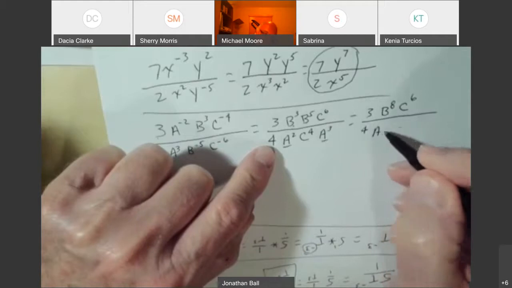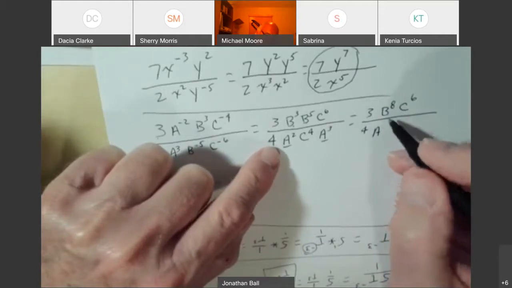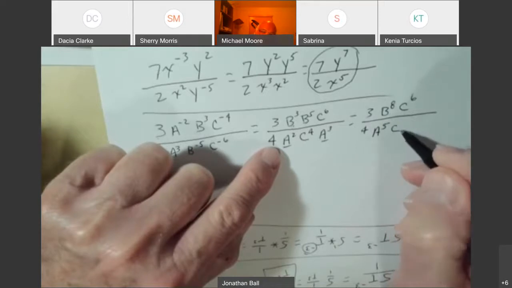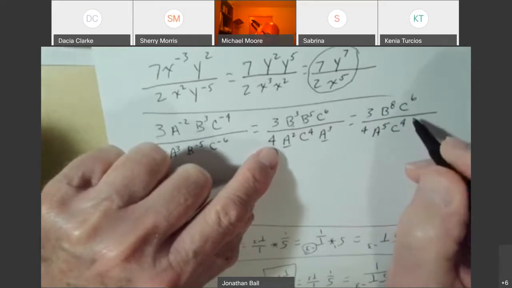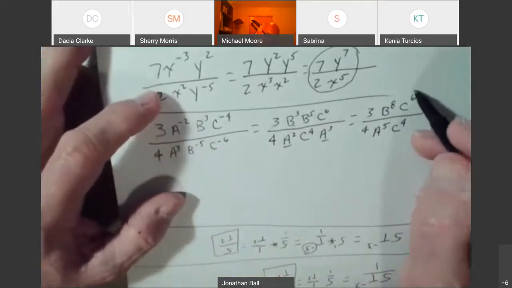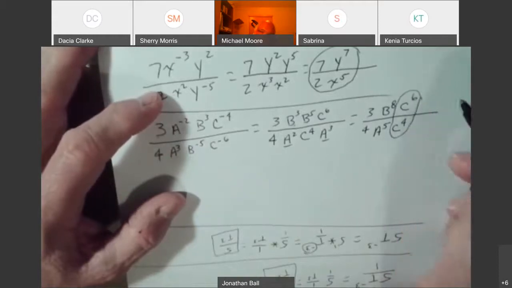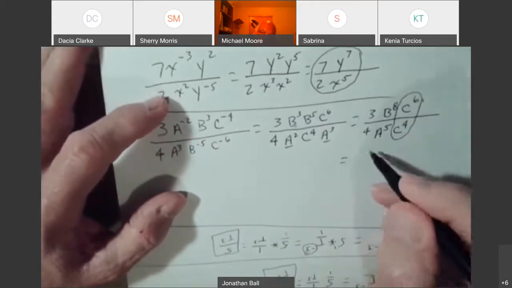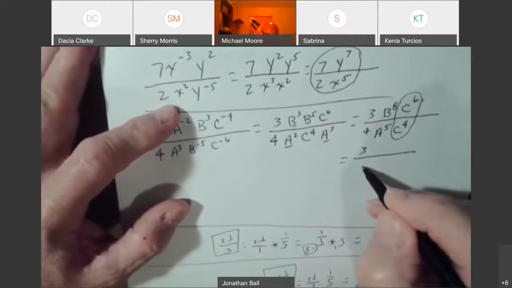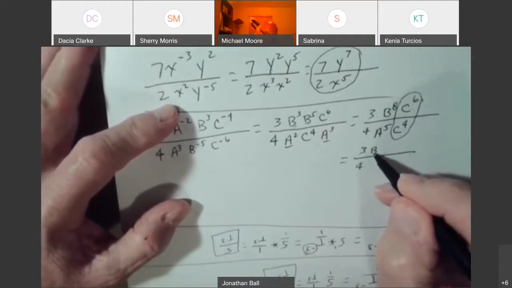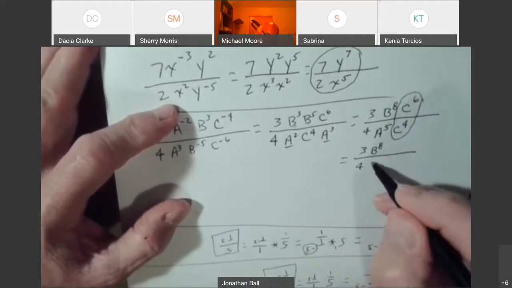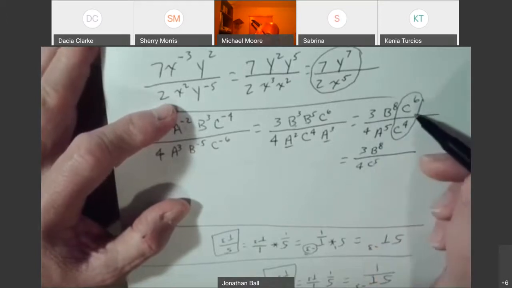That's going to be a to the, what is that, 5? And c to the 4th. Now, we have c's in the numerator and denominator. B to the 8th, c to the 5th.